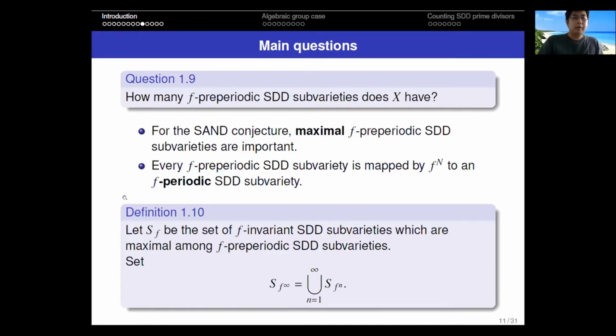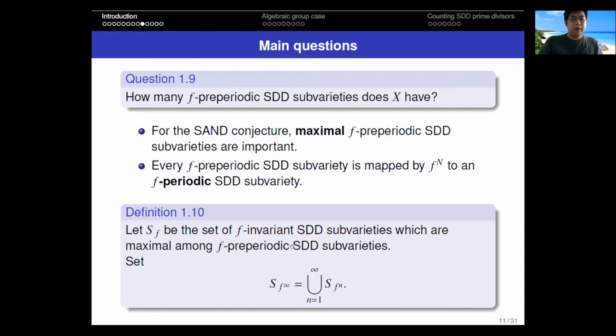So based on these observations, we consider the set S_f. Let S_f be the set of f-invariant SDD subvarieties, which are maximal among all f-periodic SDD subvarieties.